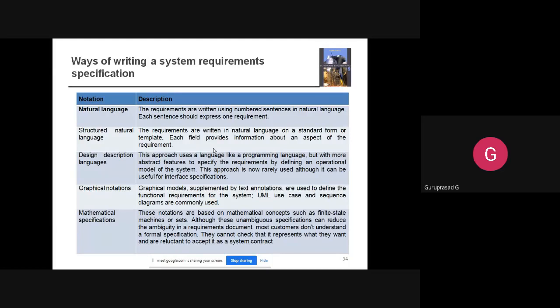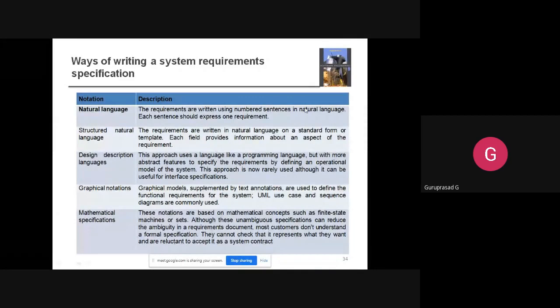But the problem is that, as I mentioned, the natural language, that is your English language, always leads to ambiguity. Why? Because interpretation problems will come when you write in natural language. Okay, so what is the solution? The solution is that you go for the notational approach.